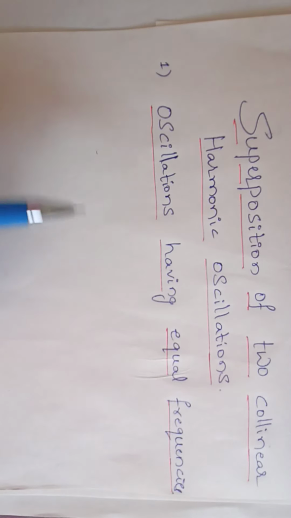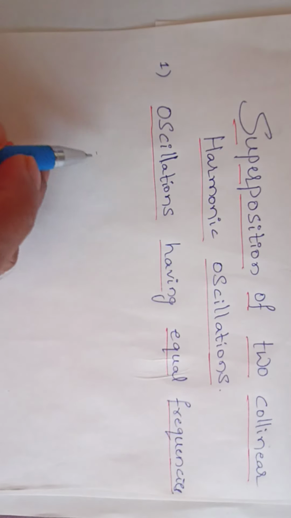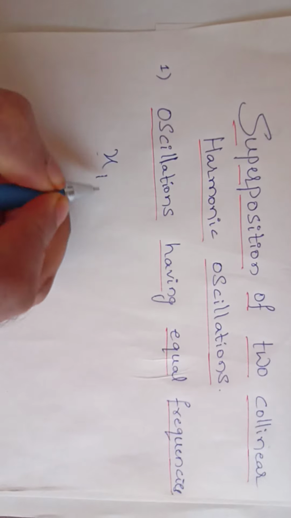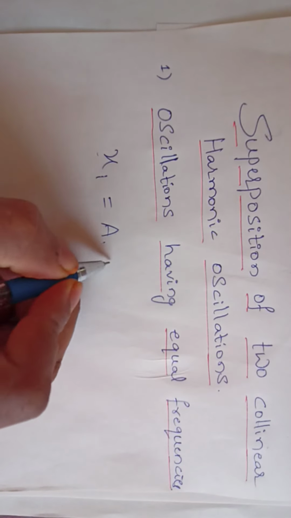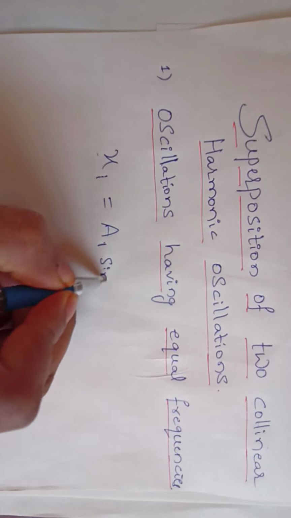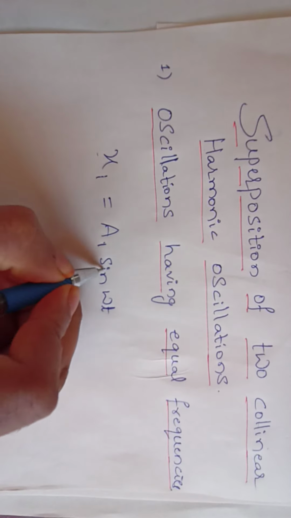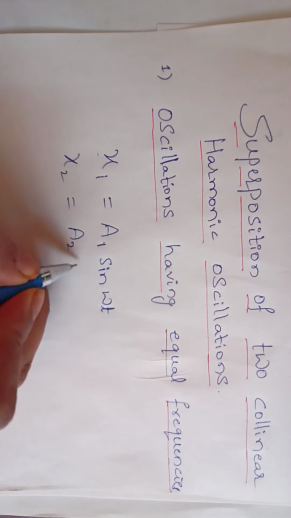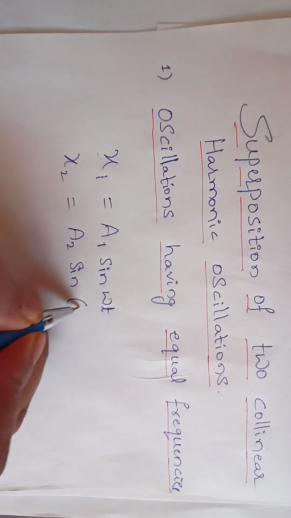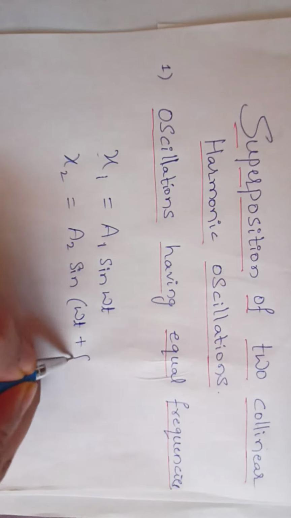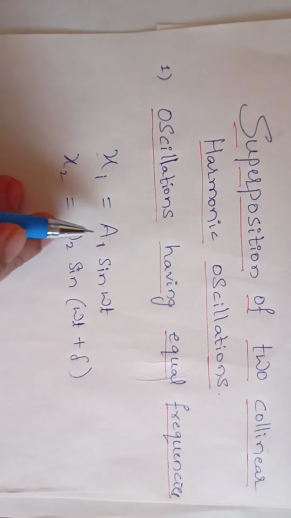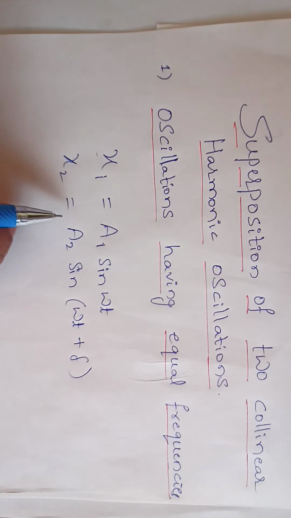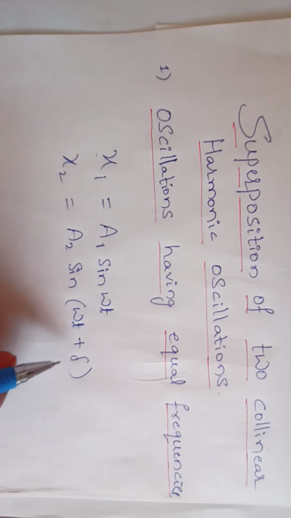The displacements x1 and x2 of the two harmonic motions are given by x1 equals a1 sine omega t, and x2 equals a2 sine omega t plus delta. Here a is the amplitude, and delta is the phase.